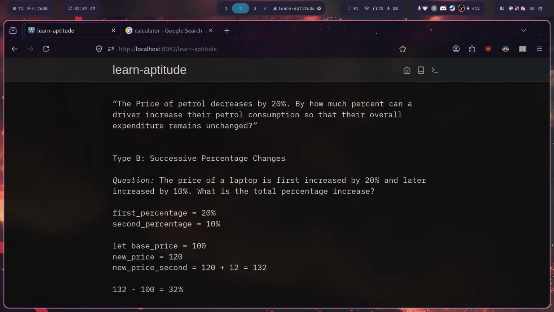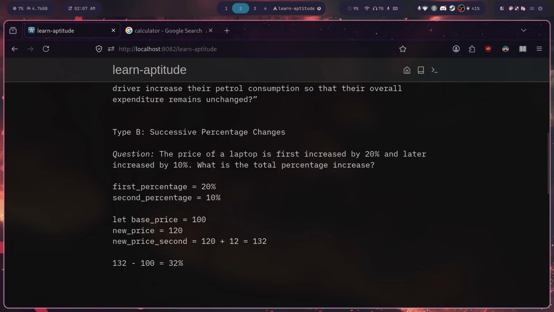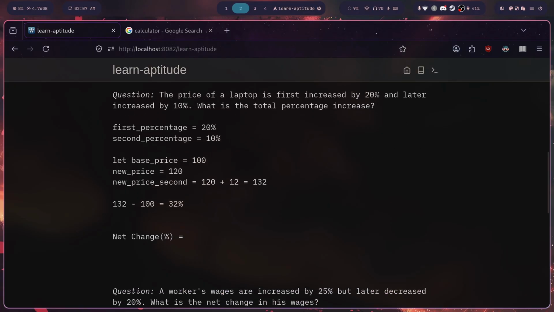Now we deduced this by using logic only, but there's a formula for it, which we call net change percent. Here we denote the first percentage as x, the second percentage as y, and lastly x into y divided by 100.